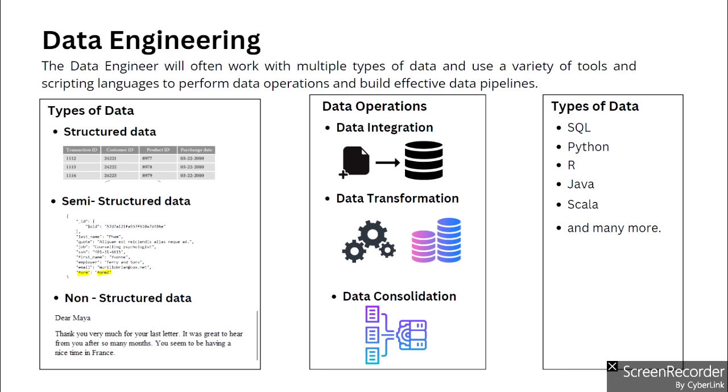Now let's come to some of the data operations that we perform for data engineering, with the help of which we can perform the analysis. The very first and the most important is data integration. The word itself defines its concept. Integration means getting something inside some object, right?